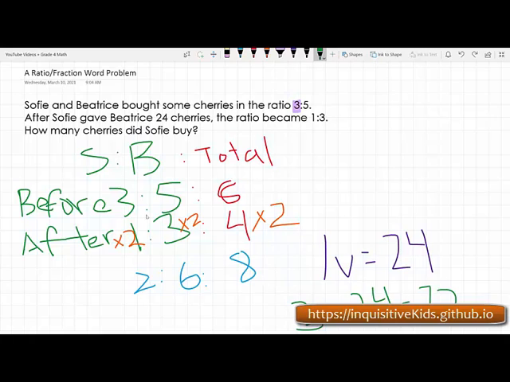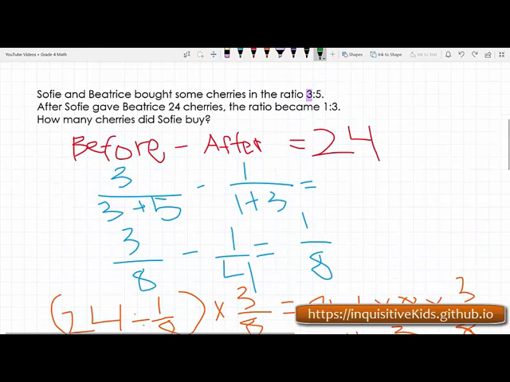And then we saw the change between the units of Sofie and Beatrice and found that 1 unit is equal to 24 cherries. And then since Sofie bought 3 units at first, we did 3 times 24, which gave us 72 cherries.